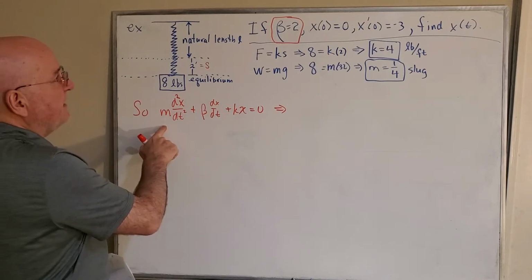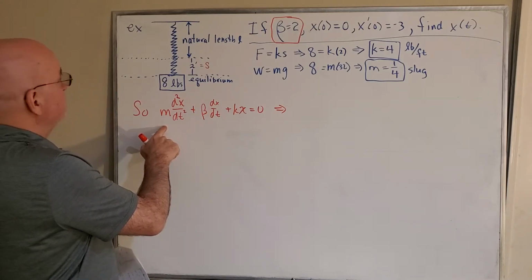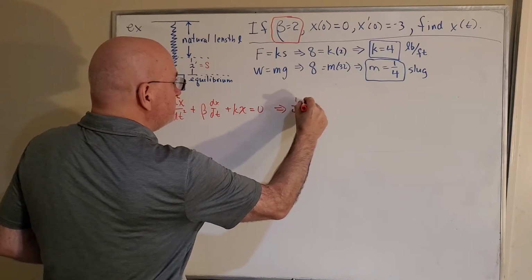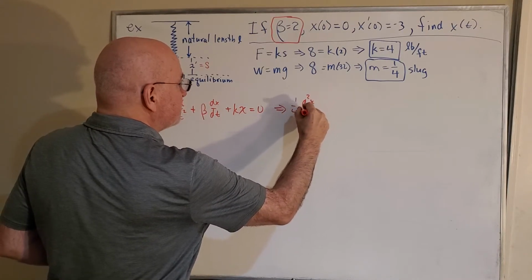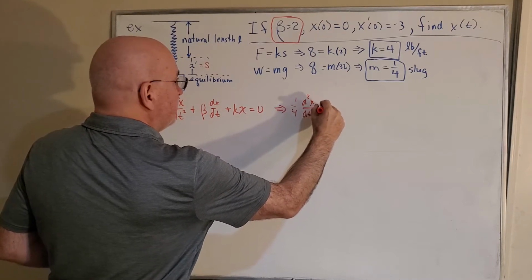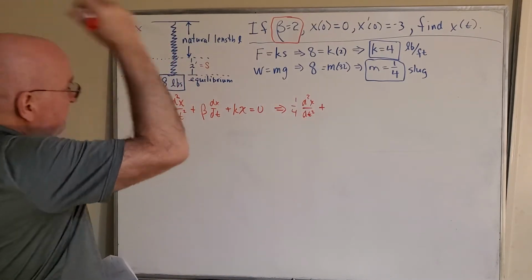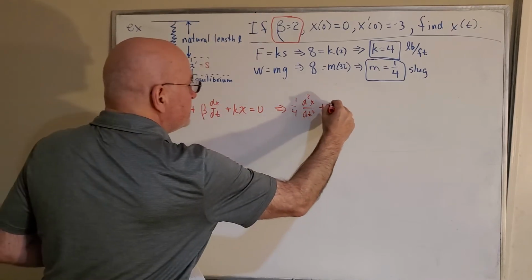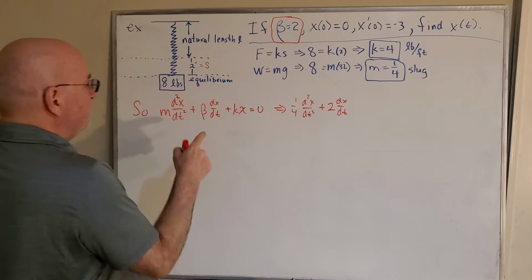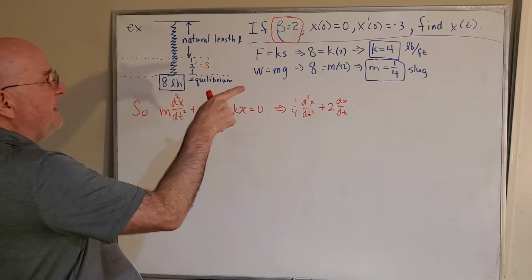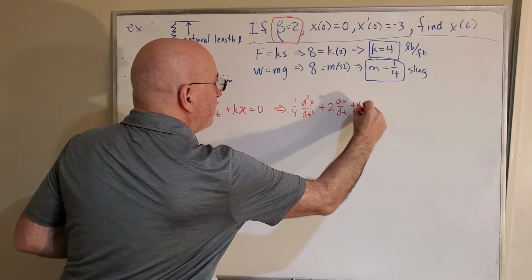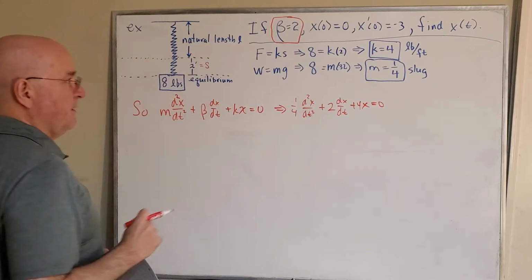So that means that we can write this out. m is 1/4 d squared x dt squared, plus beta, which is given to us to be 2, dx dt, plus kx, and we computed k to be 4, is equal to 0.